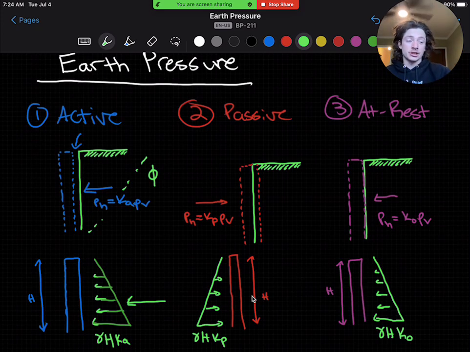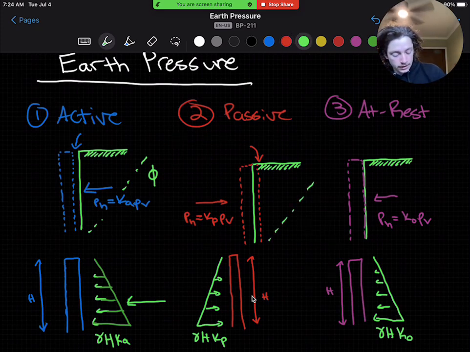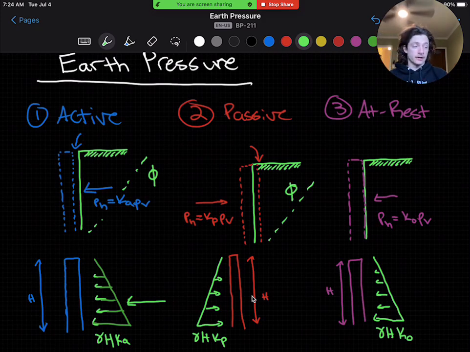Now, passive pressure is the opposite of active earth pressure. It's a situation where the soil would be compressed by the wall. You can see here, our wall is in red, and that wall is wanting to deflect towards the soil, compressing the soil. The passive wedge of soil resists this through its shear strength, also dependent on its failure plane and angle of internal friction.